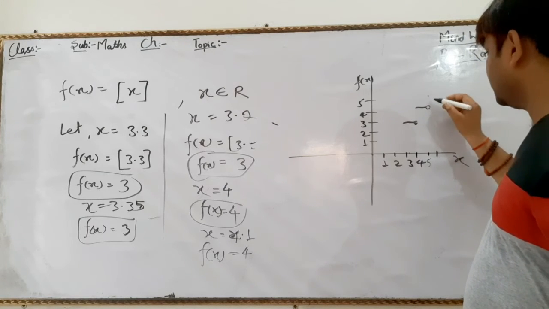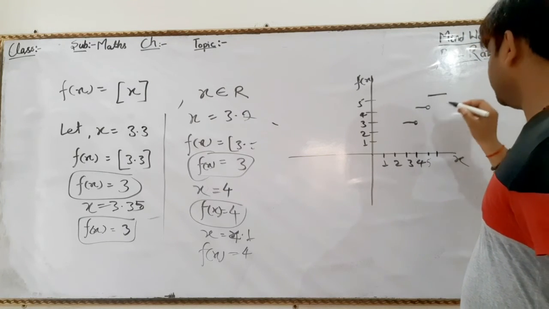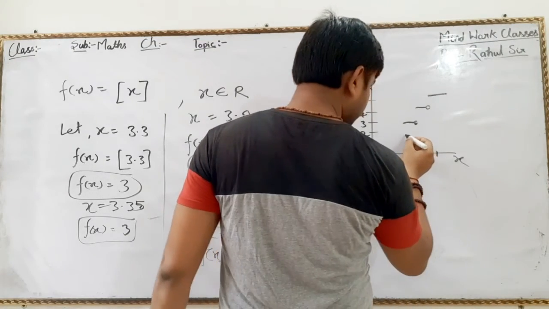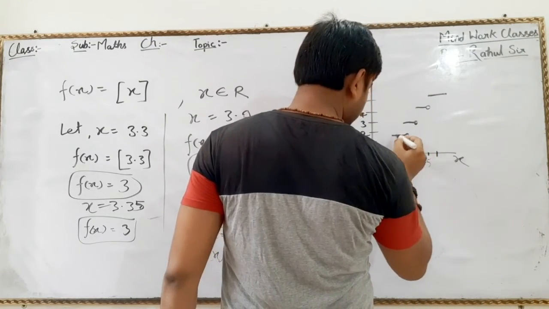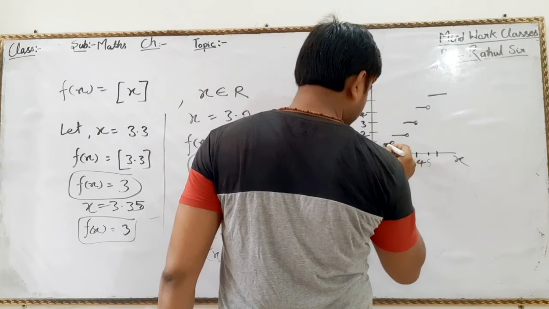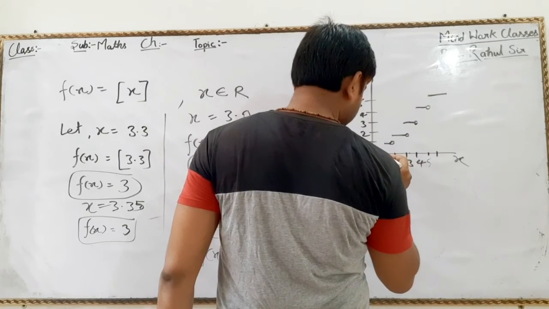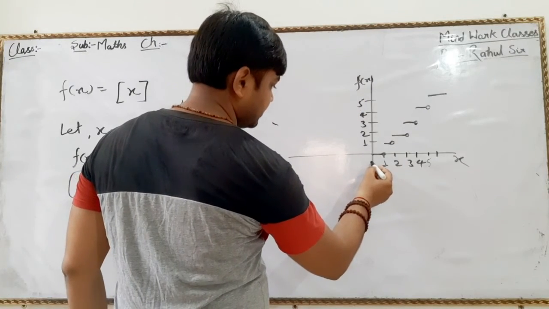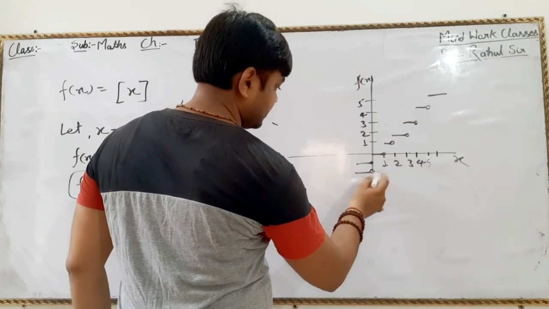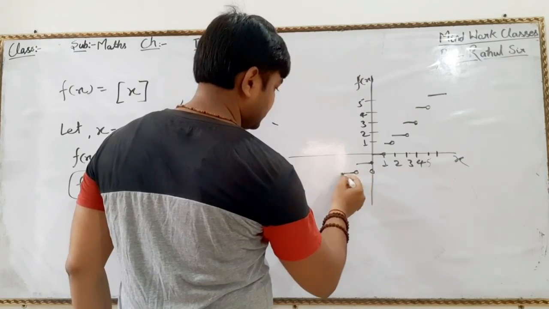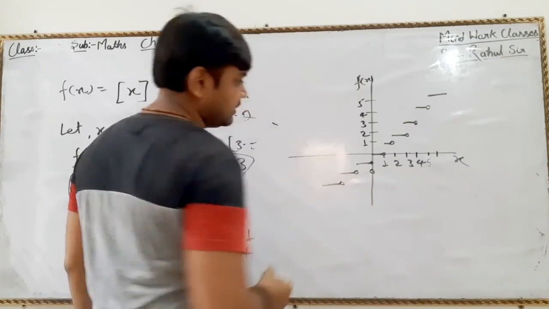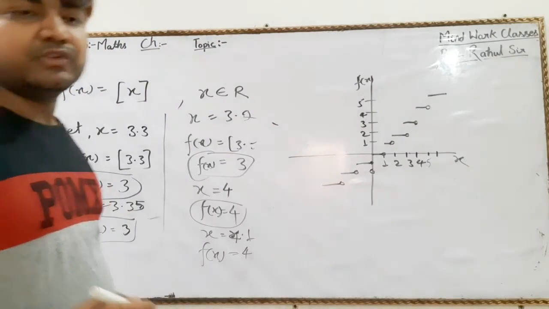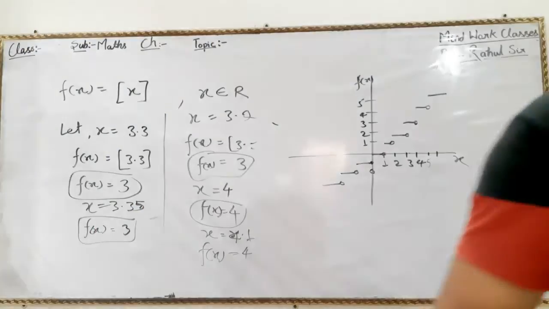As soon as we reach 5, the value becomes 5 and so on. This is how we make the diagram. This is how the diagram of this function will look. Okay, so this is the greatest integer function.